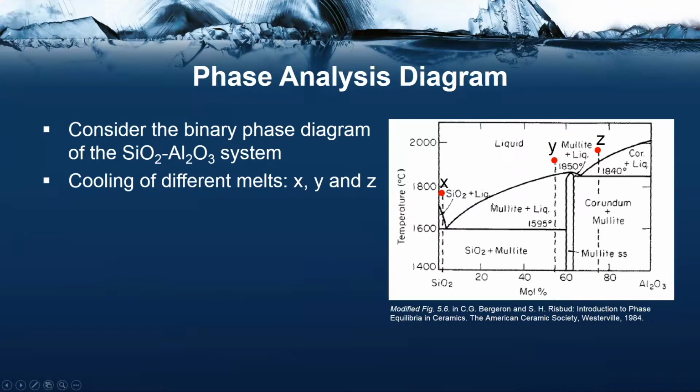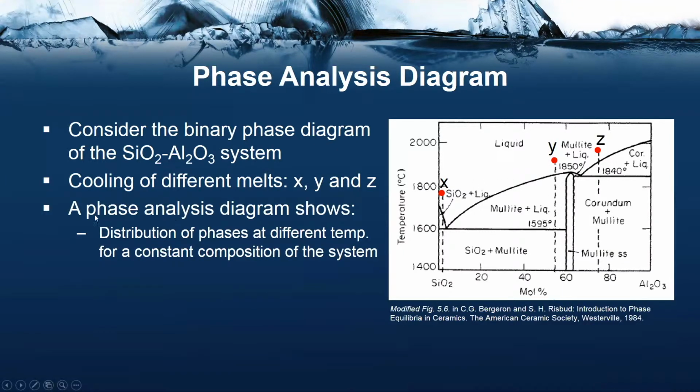When we create a phase analysis diagram for these cooling paths of a constant composition, it should include the distribution of phases at different temperatures for a constant composition of the system.